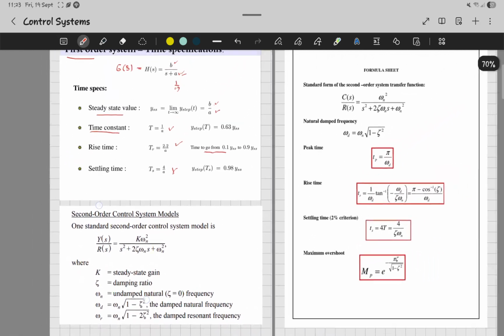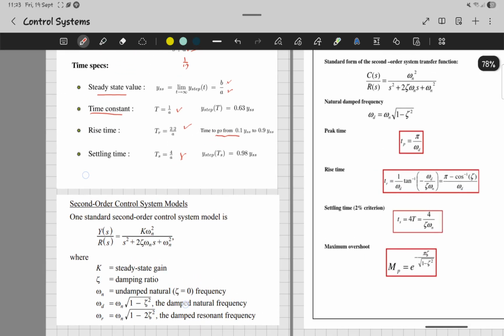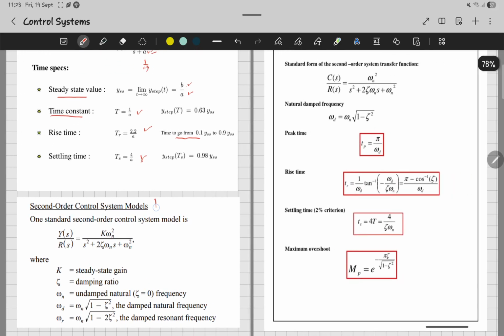For the second order, this is the form that you get for your transfer function: the output over the input in the S domain. So this is actually your transfer function. K is called the steady state gain.